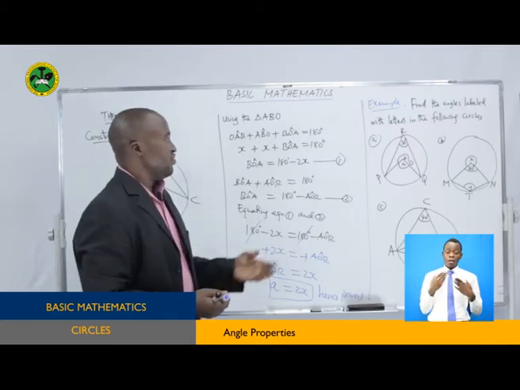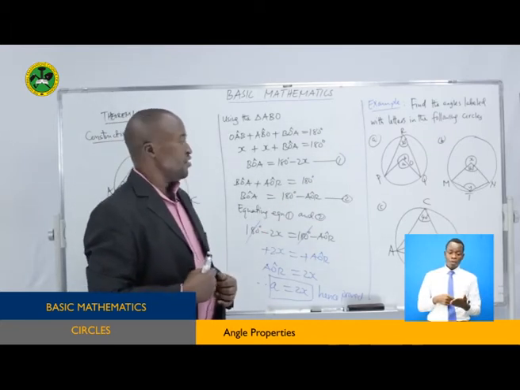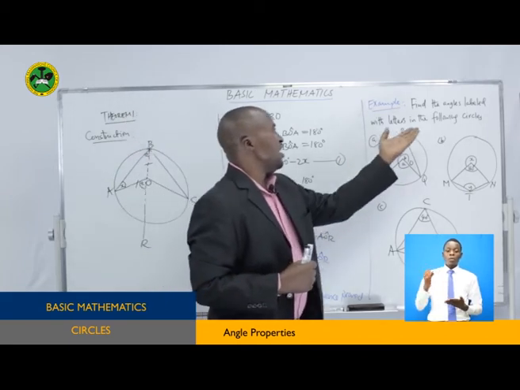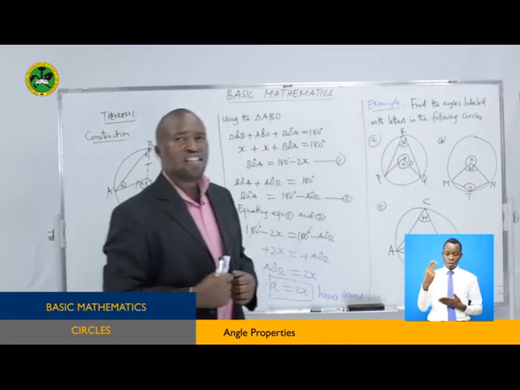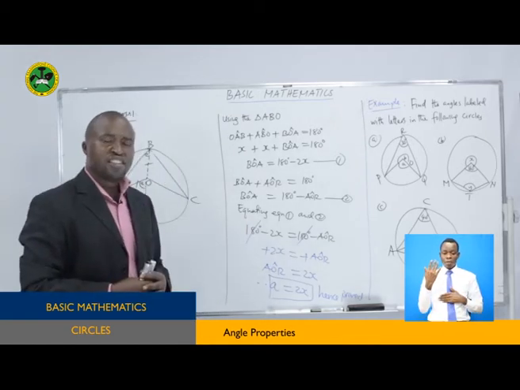So students, here we have our example. We have 3 circles. We are supposed to find angles labeled with letters in the following circles. Now let us start with the first circle.